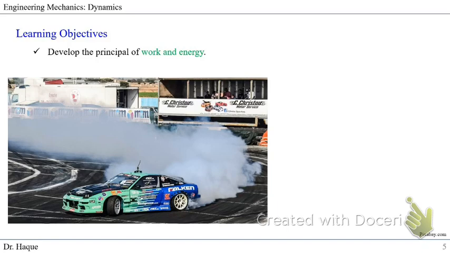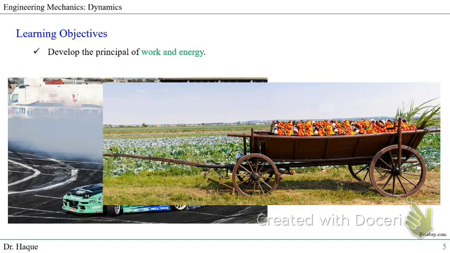What would be the final velocity of the car given that a force was acting and some work was being done? The same concept can be applied to a cart: if we're moving a cart, friction is acting against the movement of the cart, and if we know the final velocity after application of force, how far will it move? Those kinds of scenarios.